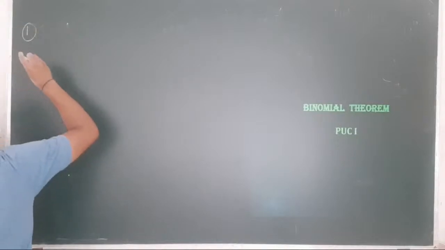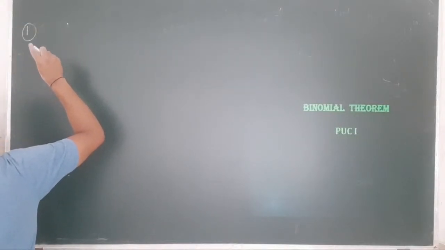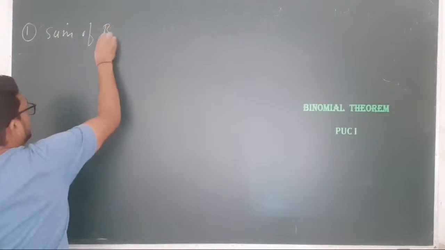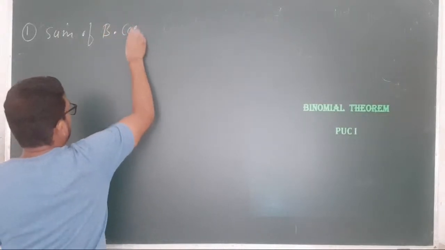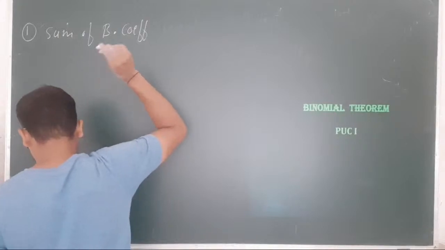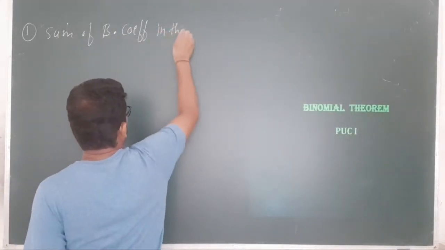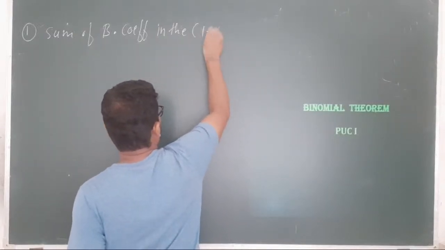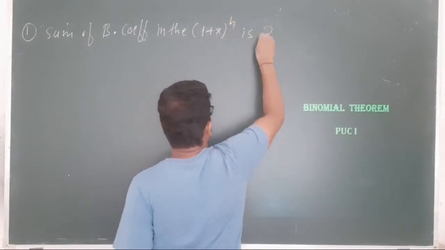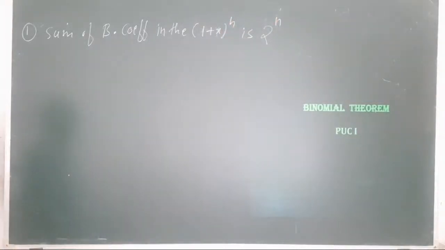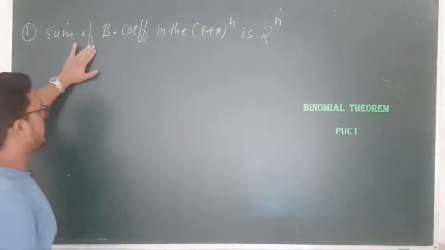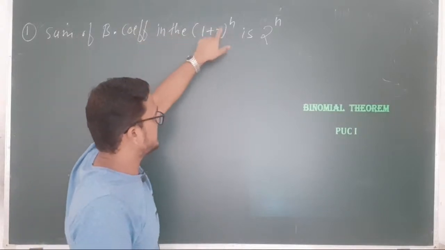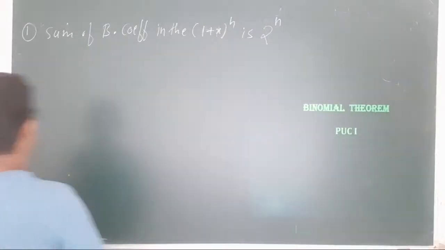First property, the sum of binomial coefficients in the expansion of 1 plus x to the power n is 2 to the power n. Okay, sum of binomial coefficients in 1 plus x to the power n is what? 2 to the power n.